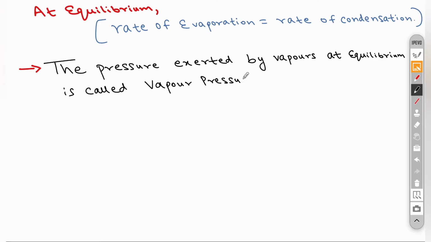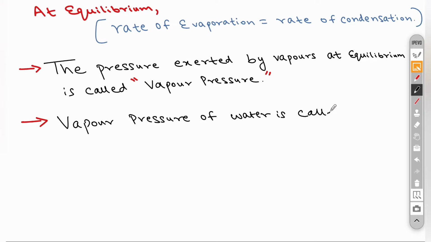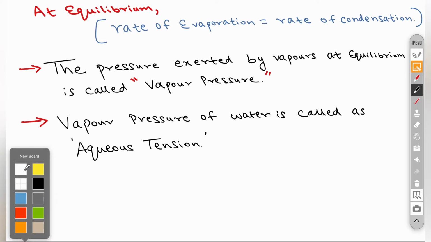So this is the simple definition of vapor pressure. You need to remember it. Also, the vapor pressure of water is called aqueous tension. So these two important terms you need to remember.